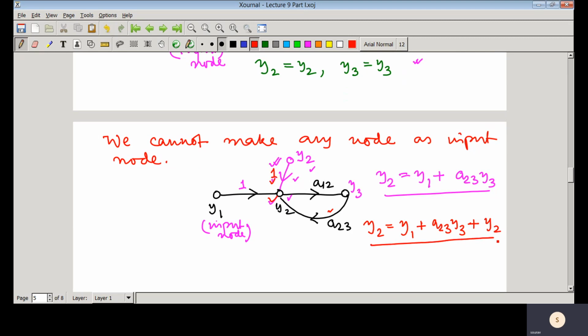Now you can see that this algebraic equation and the earlier algebraic equation are not the same.